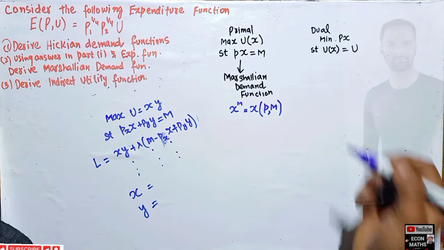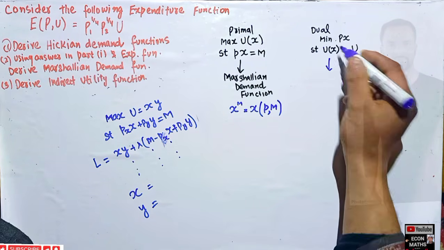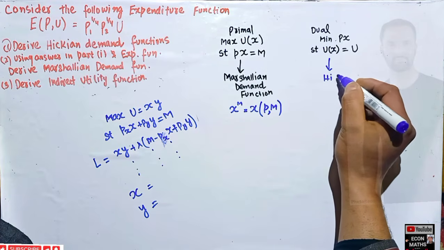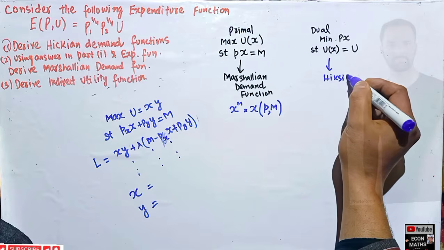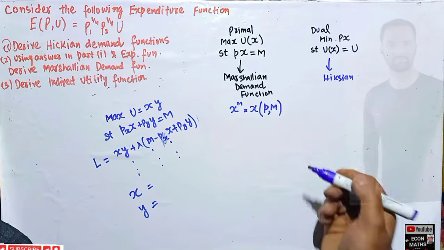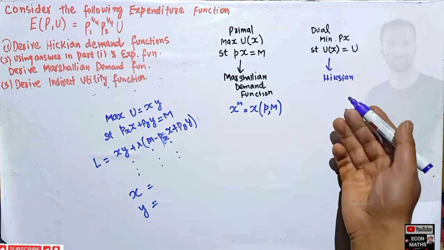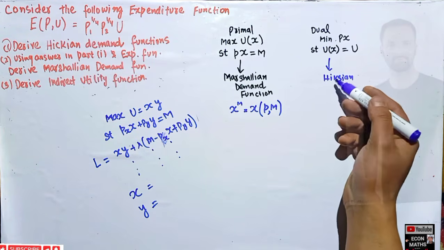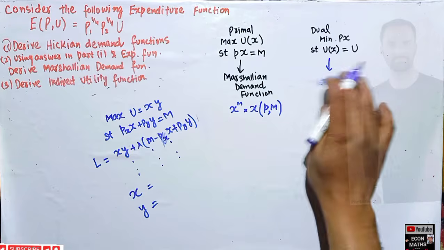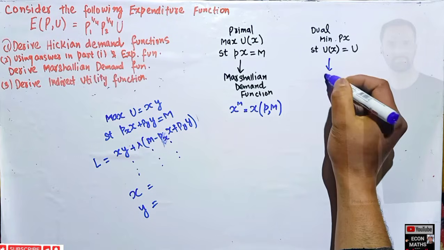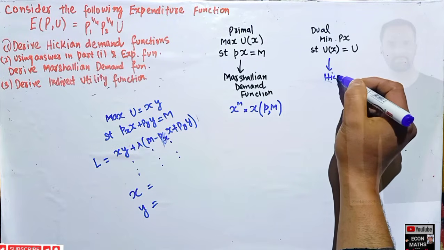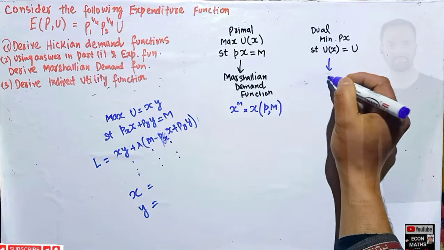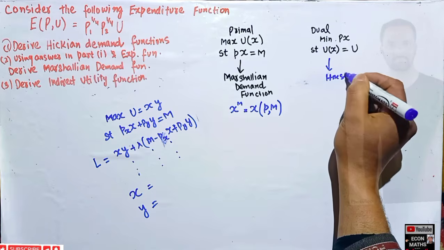Similarly, when we solve the expenditure minimization problem, we get the Hicksian demand function. I am not able to remember the proper pronunciation here, so let me write it again: H-I-C-K-S-I-A-N.